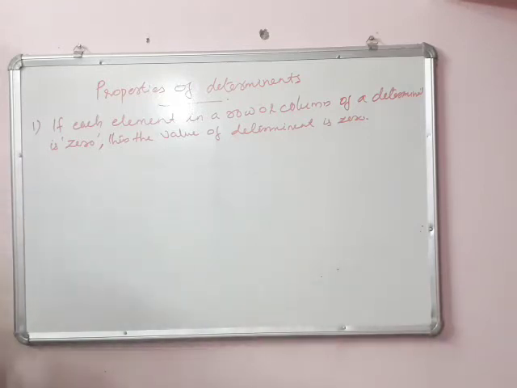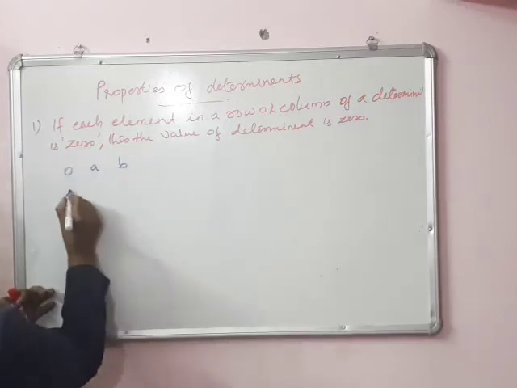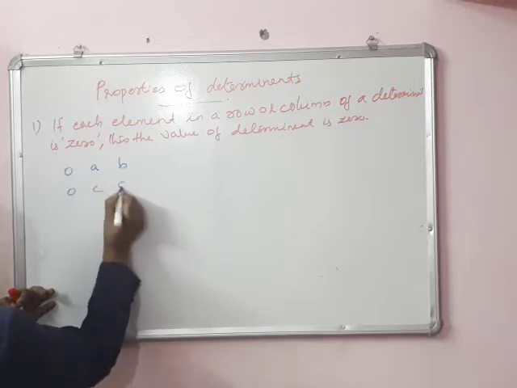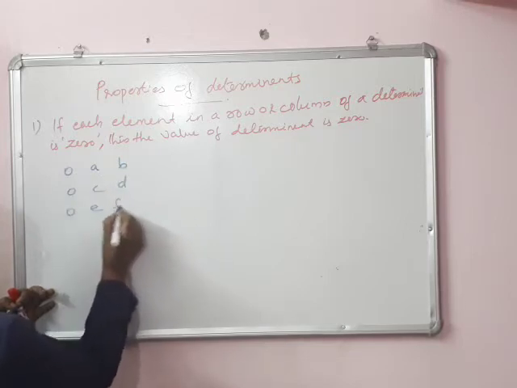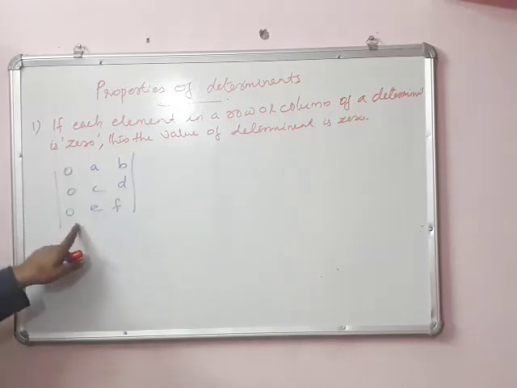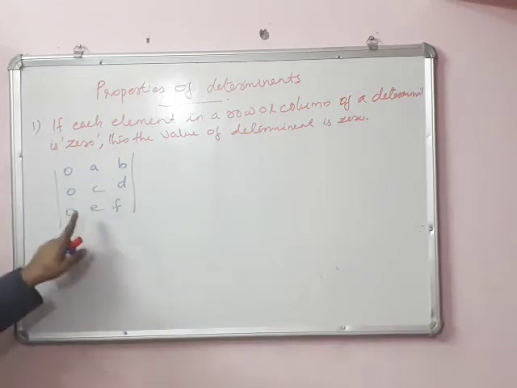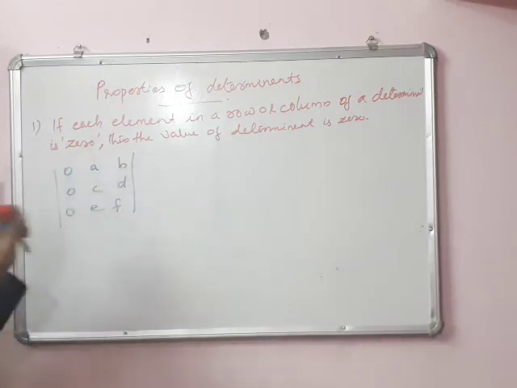That is one example. Suppose we have one determinant. Here you see one of the columns is 0. So the value of this given determinant is also 0.